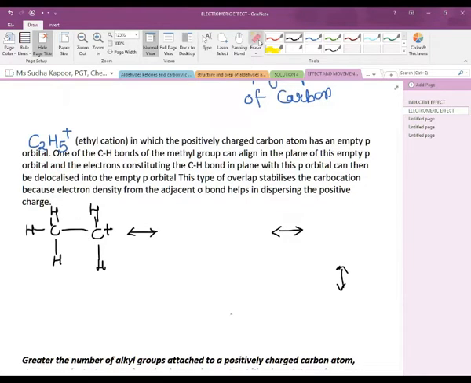So the sigma bond from the adjacent one is shifted to the empty p orbital of the carbon. As soon as it is shifted, there is no bond in between carbon and the hydrogen from where the bond has been shifted. So it becomes a double bond and the positive charge has been removed.